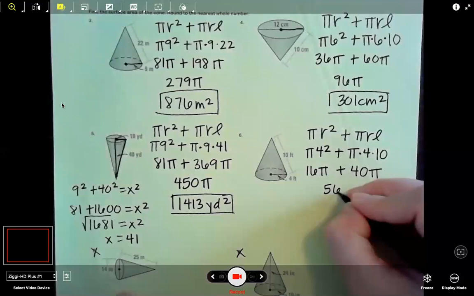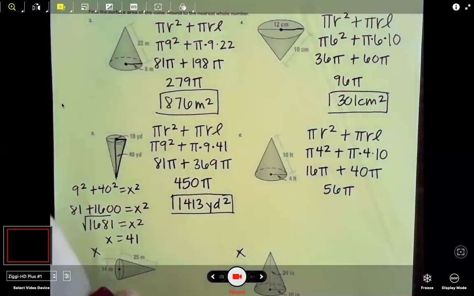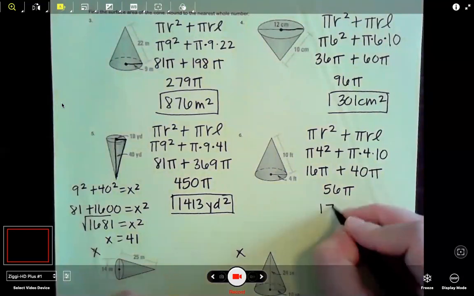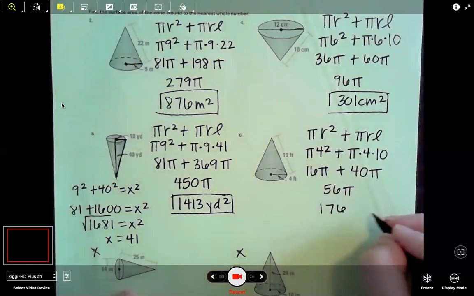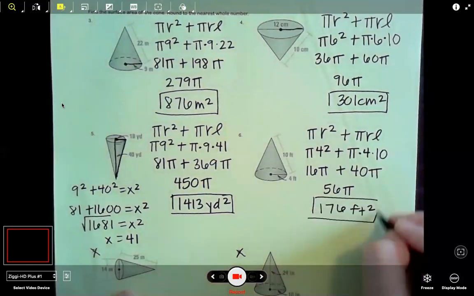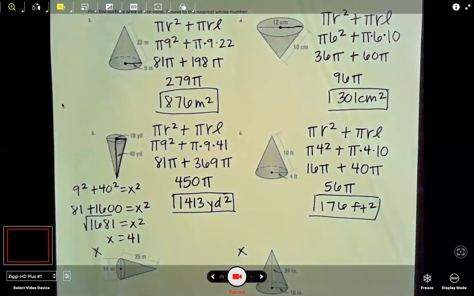Okay, 56 times 3.14. 175.84. So should we round to 176? Yes. All right. So we don't have to worry about pi till the very end. Right. Does that help? Yeah, that makes sense.